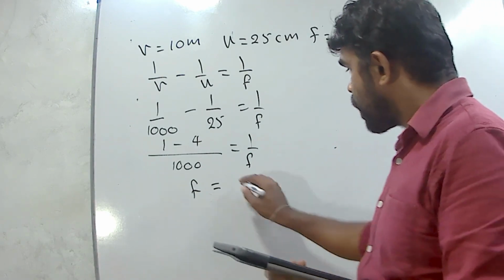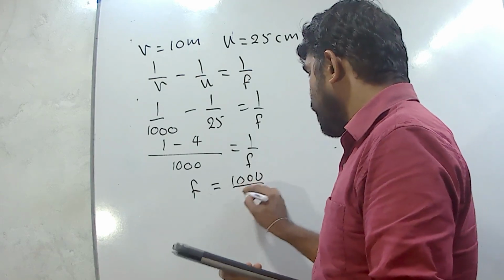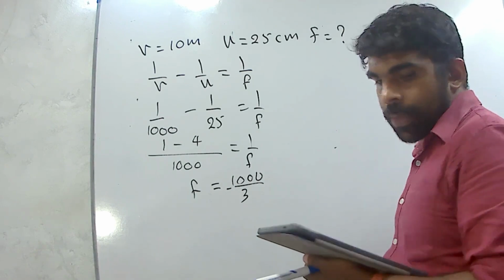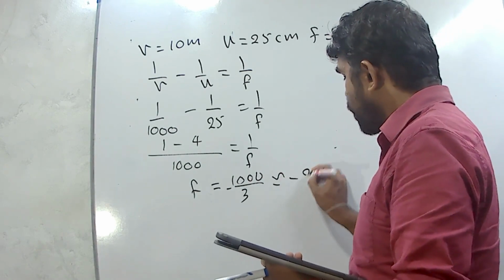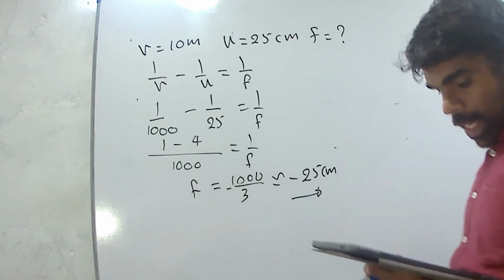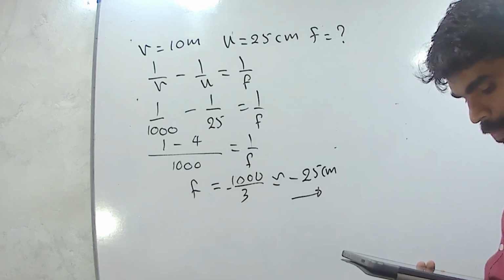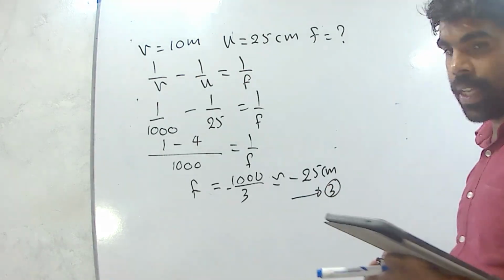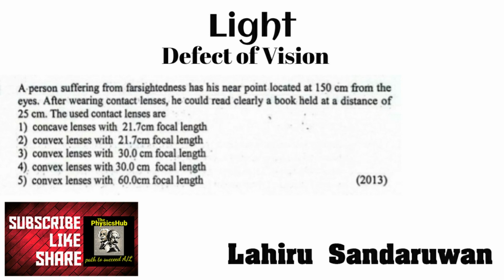F value is 1000 divided by 3, it is minus. Approximately minus 25 centimeters. Then a convex lens of approximate focal length 25 centimeters. Answer is C.